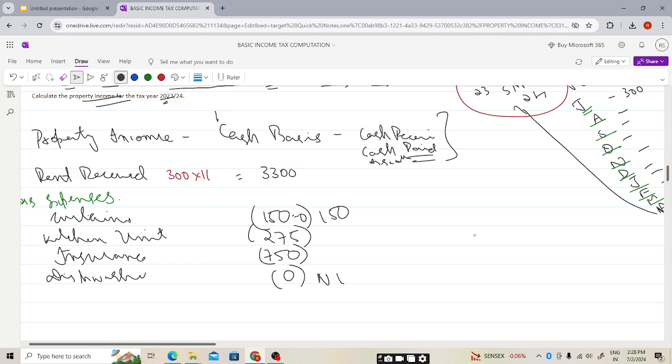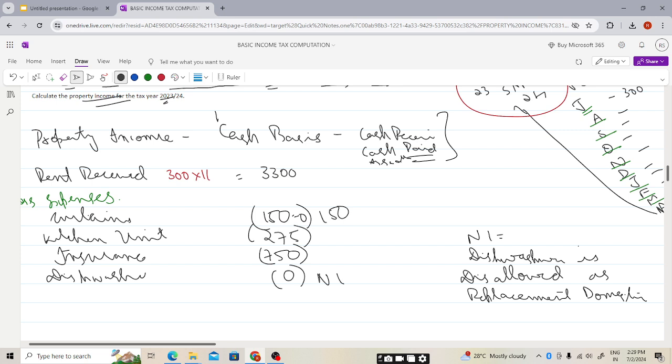So note number 1: dishwasher is disallowed as replacement domestic relief does not apply. Why? Because it was not originally provided.